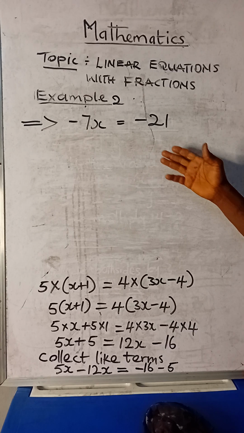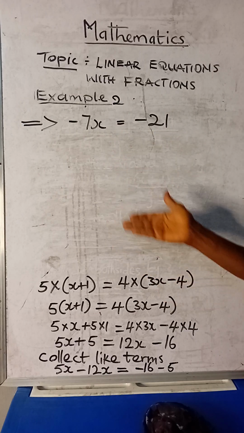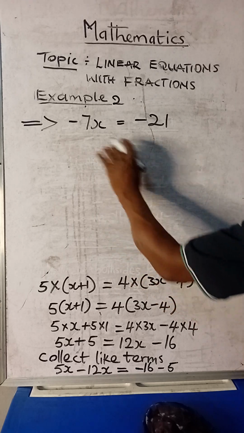Now, having done this, the next thing we'll look at, we are looking for the value of x, not minus 7x. So remember that whenever you have a coefficient close to the variable you are looking for, you divide both sides by that number. So let's get the value for x.